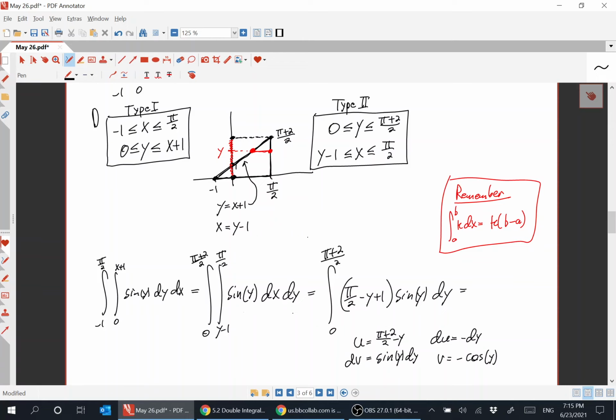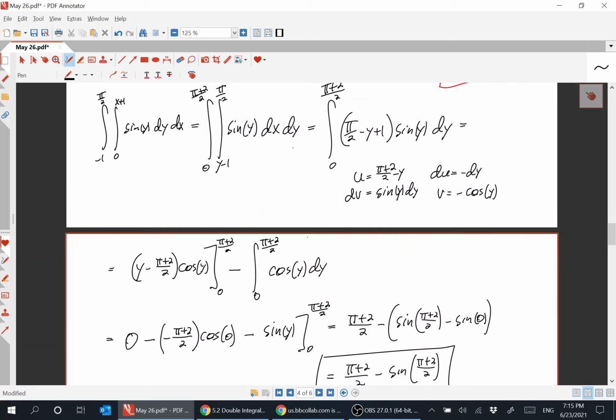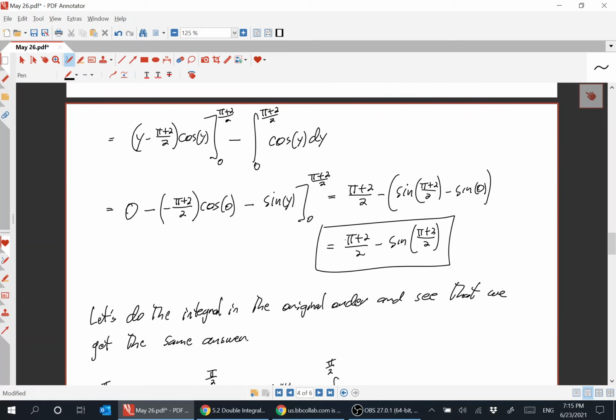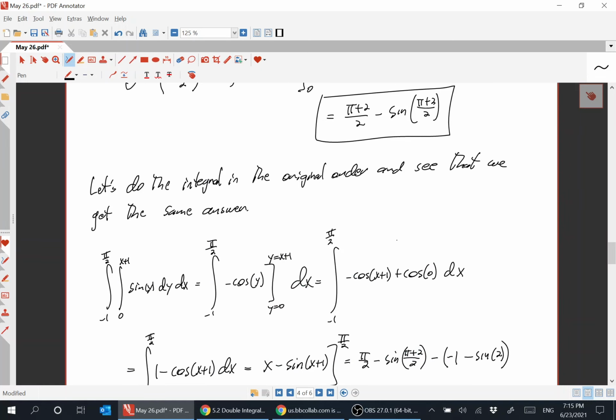No, y goes from 0. No, that's right. So sine of pi plus 2 over 2 minus sine of 0, which is 0. That seems right. What about here?